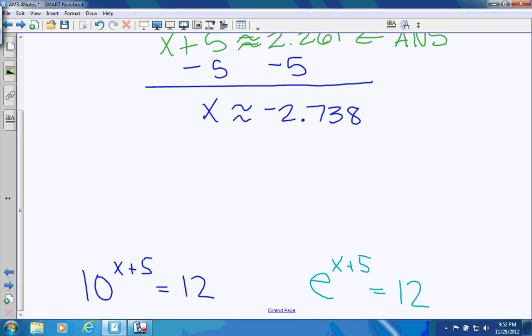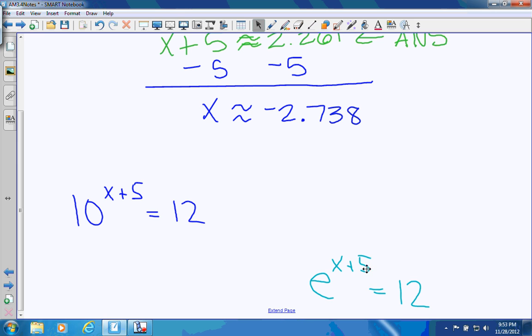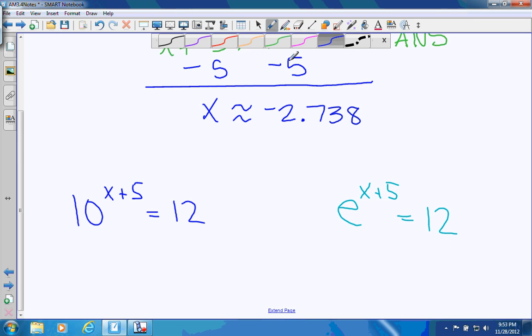Now a couple of other examples using that same type of logic. In this case, because we have 10 to the x plus 5 equals 12, same thing. We would want to get rid of the base of 10, so we would say log base 10. And remember, when there's a base of 10, that is a common logarithm.